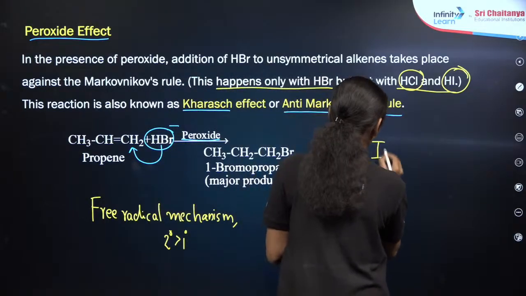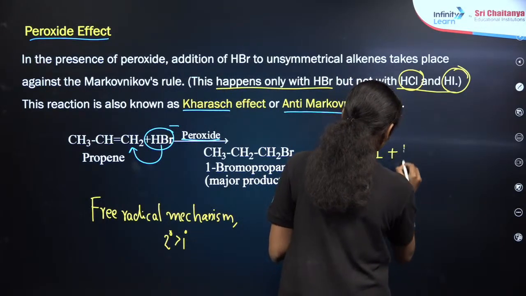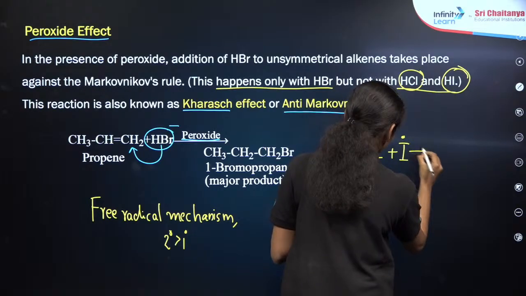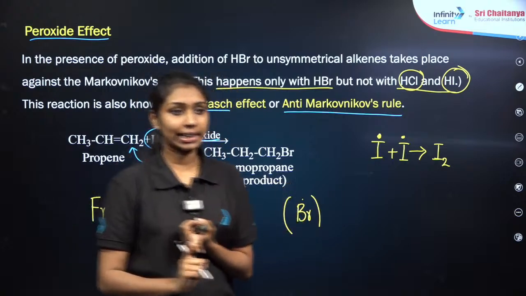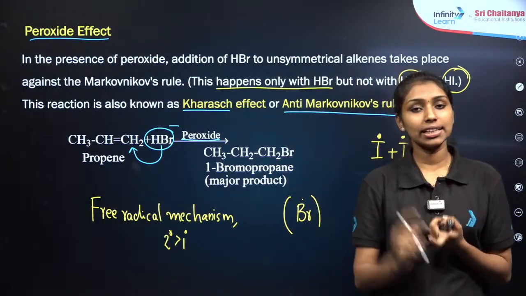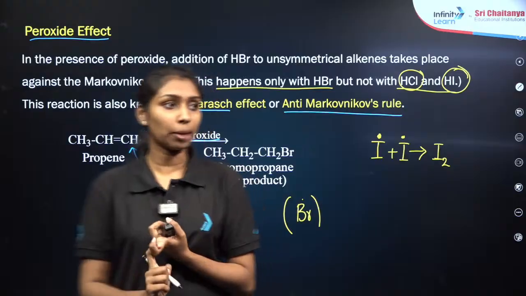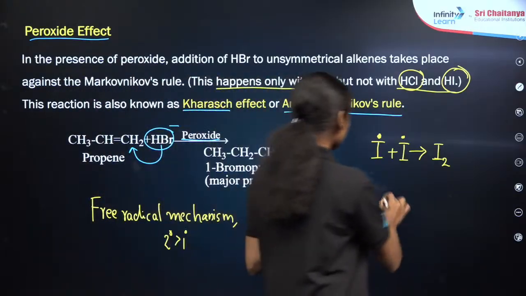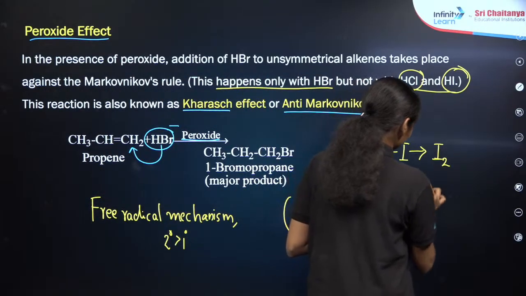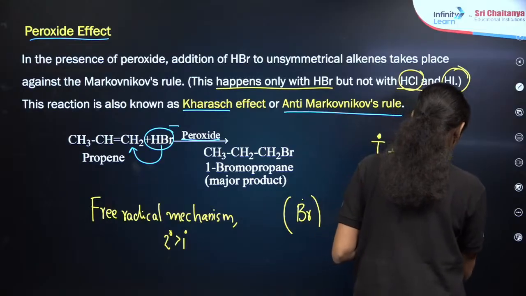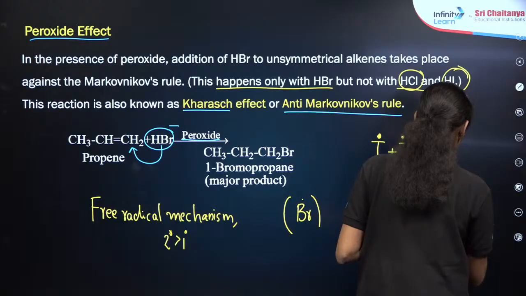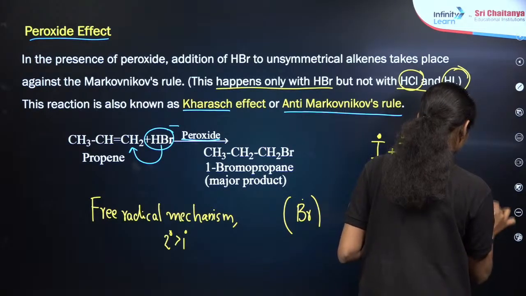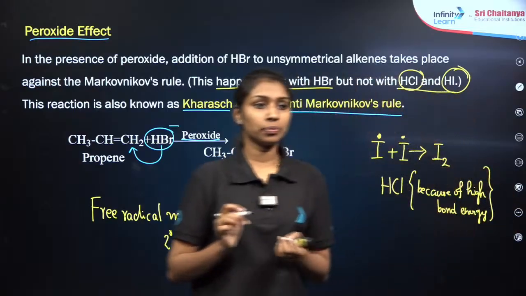That's why the reaction with HI does not happen in the anti-Markovnikov case. In the case of HCl, it is the high bond energy. Is that clear?